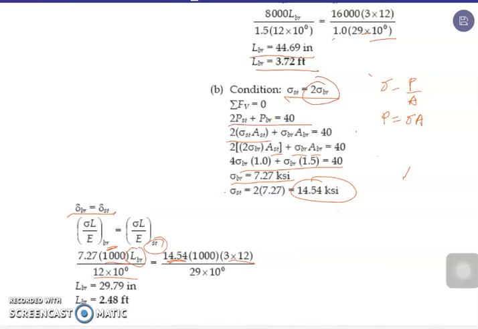So therefore, we get the length of the bronze as 29.79 inches, or that is equal to 2.48 feet.